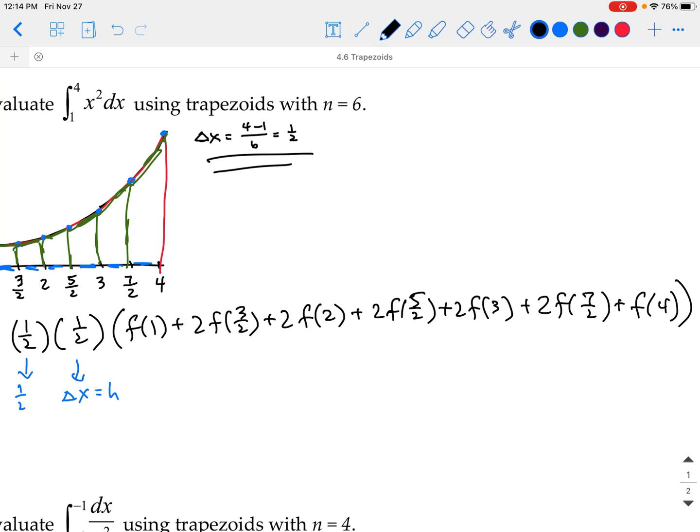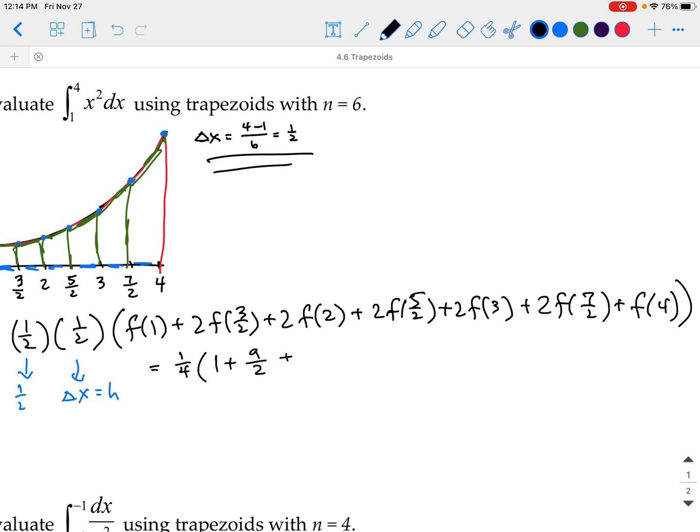Our function is x squared, so we can work this out here as 1 plus 2 times 3 halves squared is going to be, let's see, 9 over 4 times 2, so that's going to be 9 over 2.